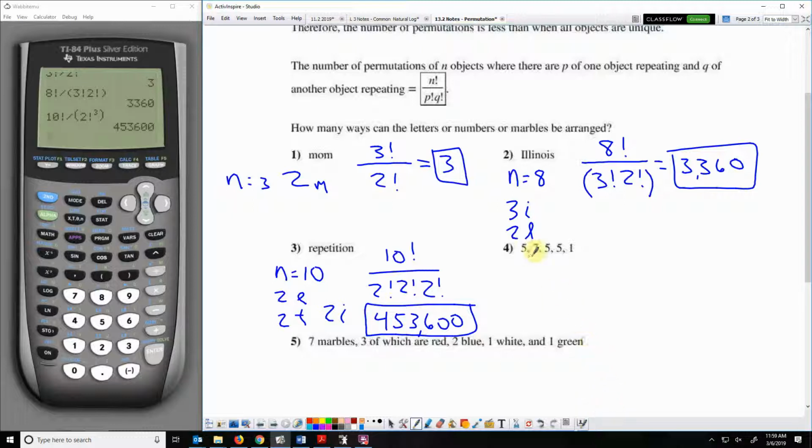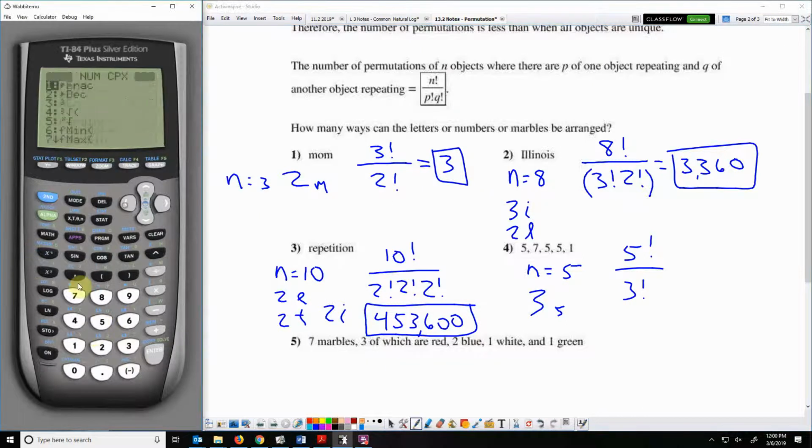Okay, so now I'm dealing with numbers. I've got 1, 2, 3, 4, 5 numbers, so n is 5. 3 of them are 5s. So I've got 5 factorial, because there are 5 numbers total, over 3 factorial, because 3 of them are the same number. 5 factorial divided by 3 factorial. There are 20 different ways to arrange those numbers.